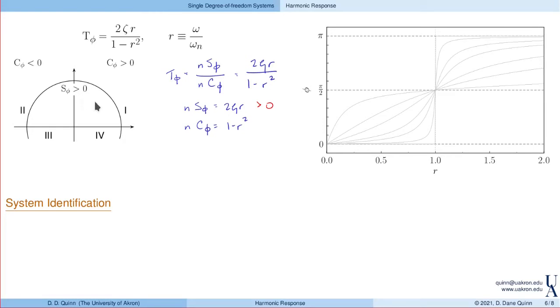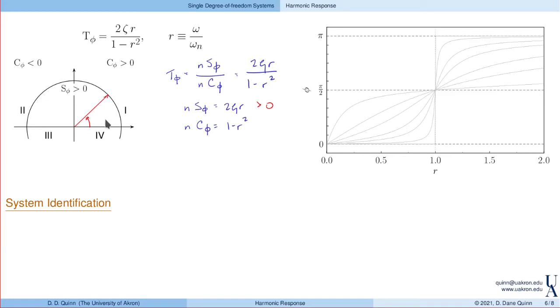Now, if it's in the first or the second quadrant depends on cosine. In the first quadrant, cosine is positive. In the second quadrant, cosine is negative. So looking at this second term, we can determine whether or not we're over in the first quadrant or the second quadrant. So in particular, let's consider an angle phi maybe here. Right?